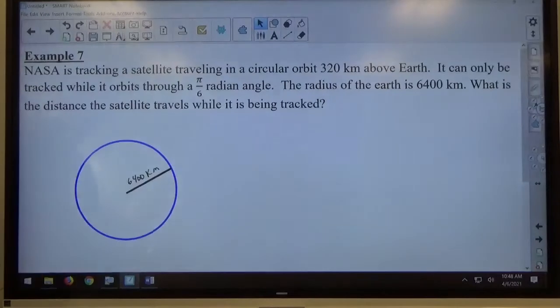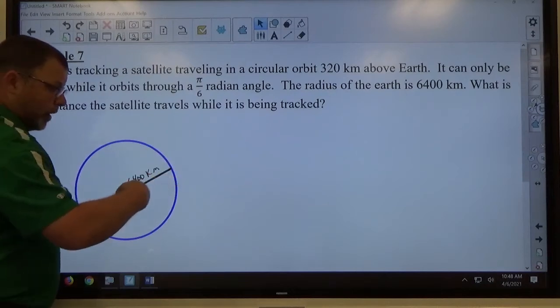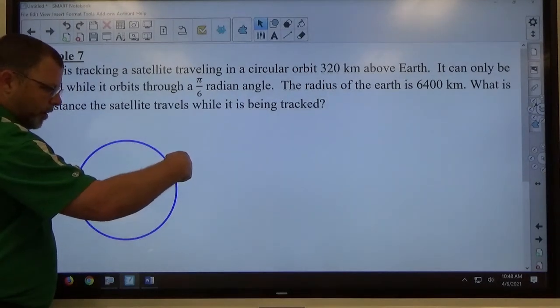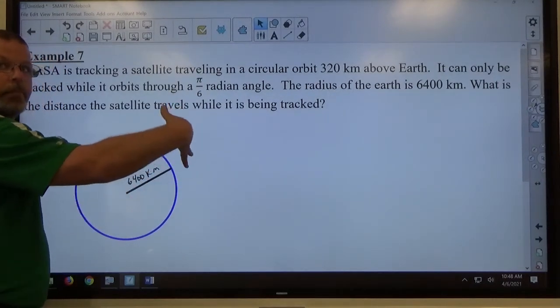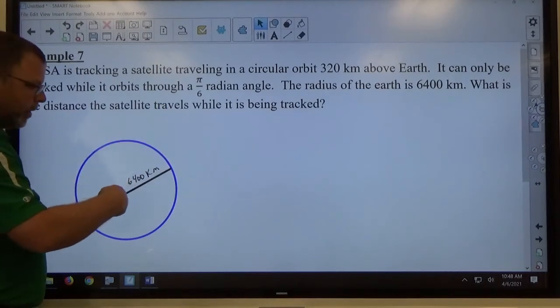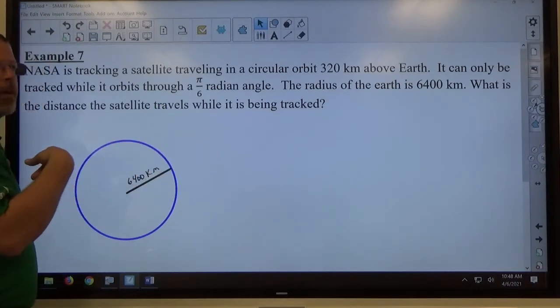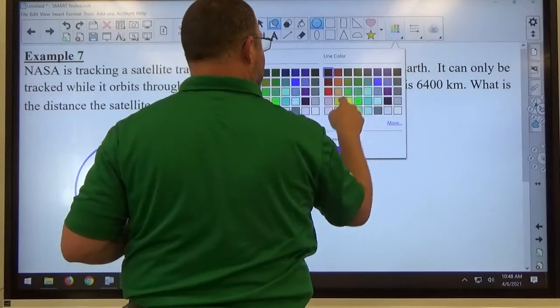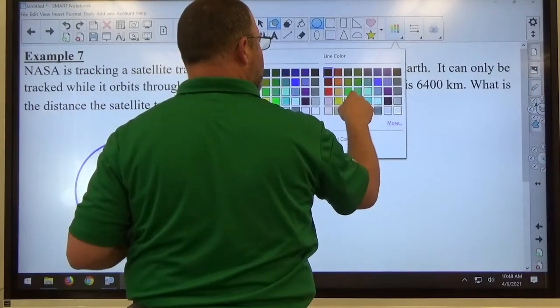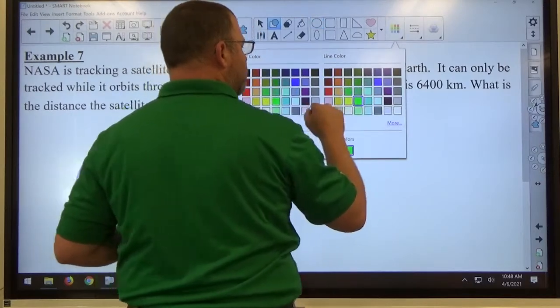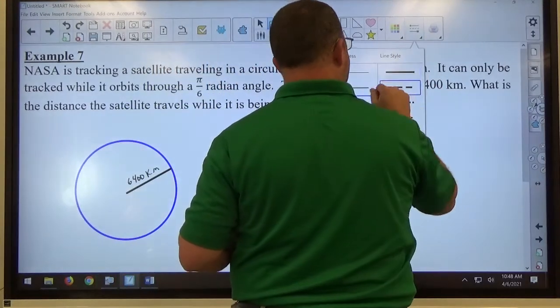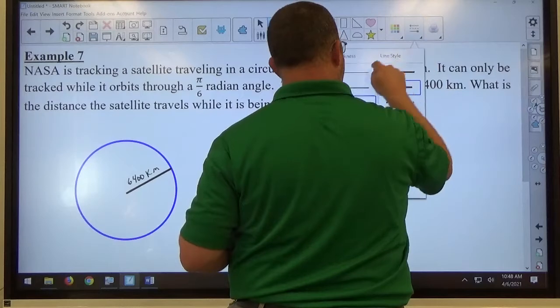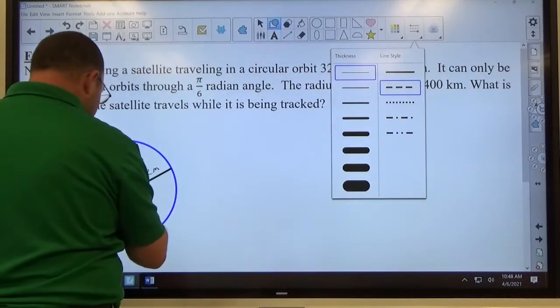Okay. We have this satellite orbiting Earth at 320 kilometers above the Earth. So the satellite's orbit is out here further, so the radius of the satellite's orbit is even bigger, right? It's the radius of the Earth plus that 320 kilometers. So let's put the satellite's orbit in a green color with a dashed line. Let's see how good I am here.